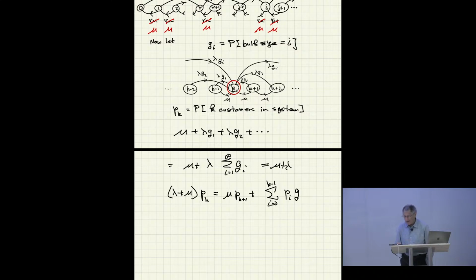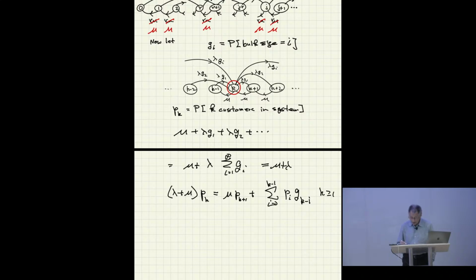For a given i, how many have to arrive to drop you into state k? You had i, you need k, so you need k minus i coming in. Whoops, k minus i. So that's the balance equation, and that's good for k greater than or equal to 1.